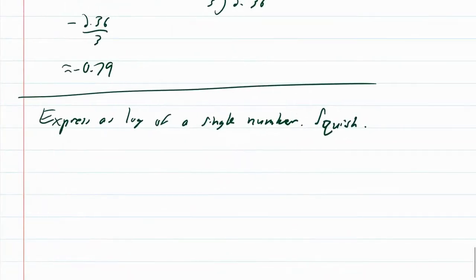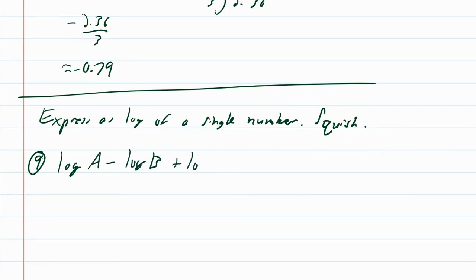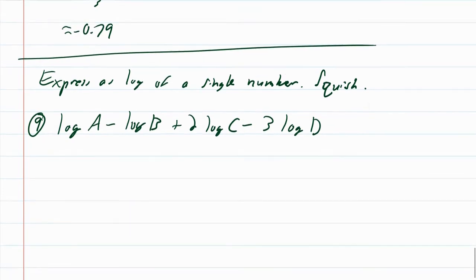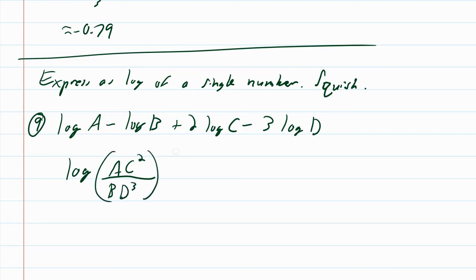So an example of this would be if I gave you a problem like the log of A minus the log of B plus, let's do plus 2 times the log of C minus 3 times the log of D. If I squish these together, this would be the log of, okay, so we got an A in the numerator, divided by a B, but then times a C squared, and then divided by a D cubed. This would be the single expression.